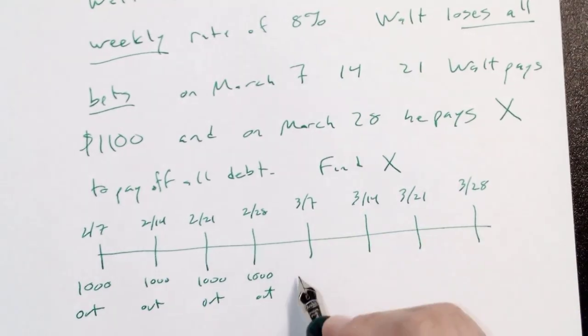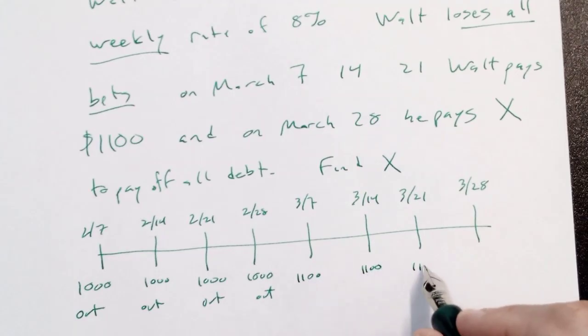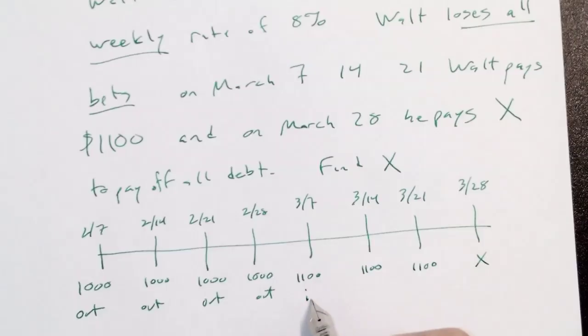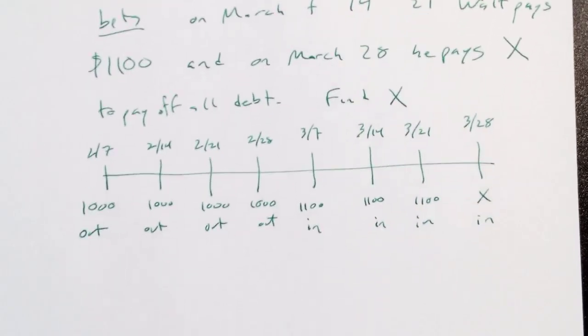On the 7th, we have $1,100 in March, $1,100, $1,100, and then X. And these are in. By the way, if you reverse the word in and out, the problem stays exactly the same. We just have to know which direction the money is moving for each payment so that we know where in our equation it goes.